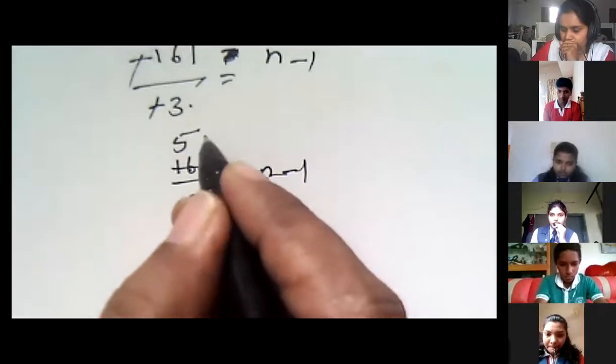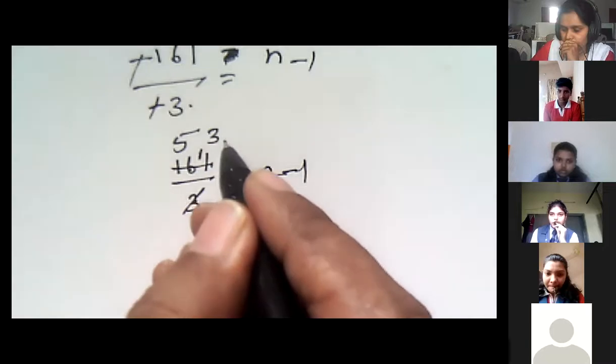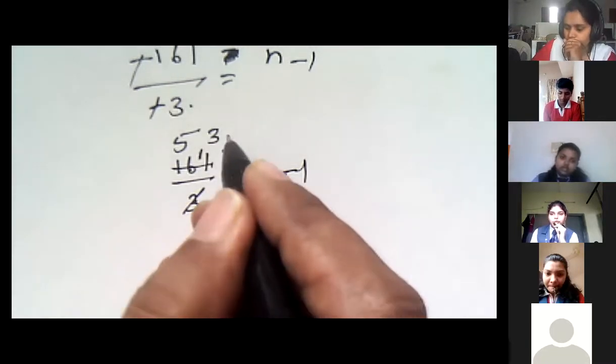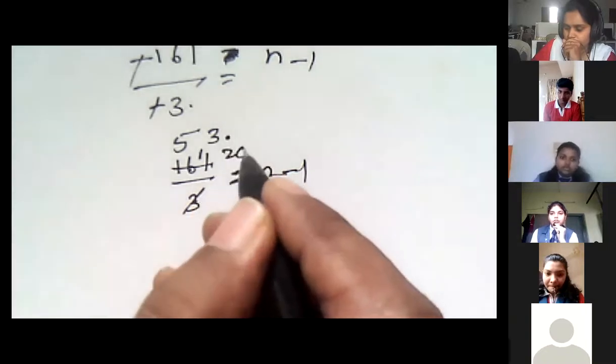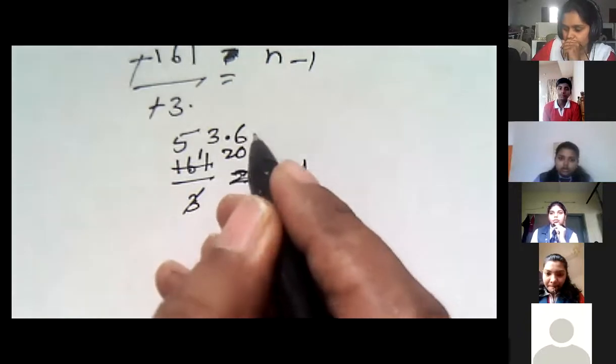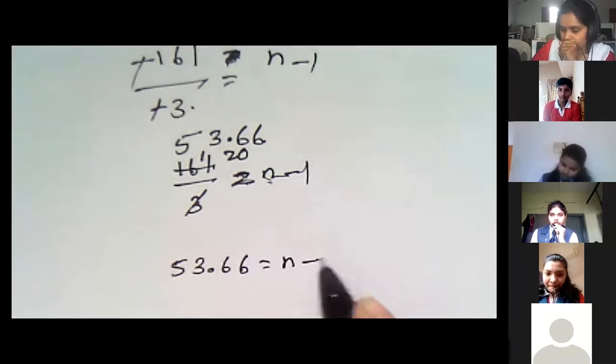Again 3 threes are 9. What's the remainder here? 2. Decimal 0, 3 sixes are 18. Again it will continue like this. 53.66 equals n minus 1.